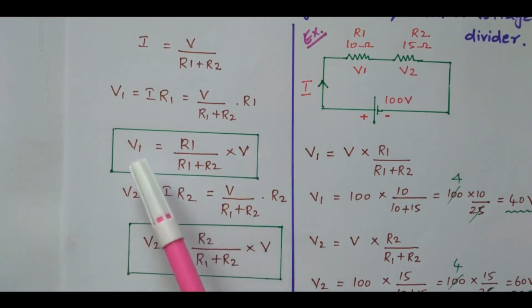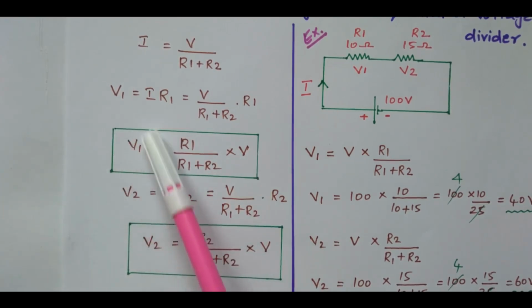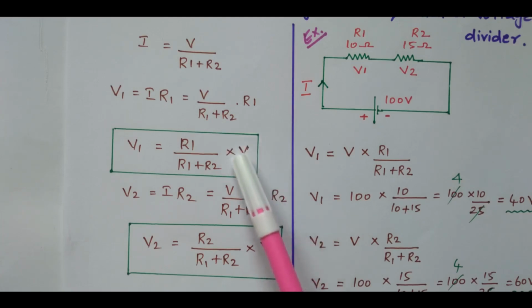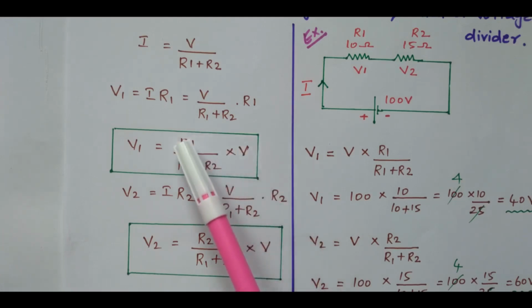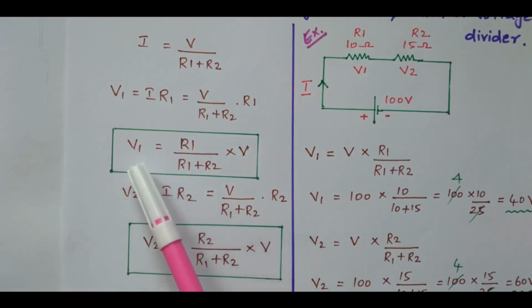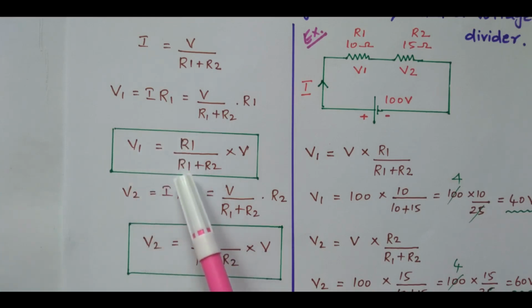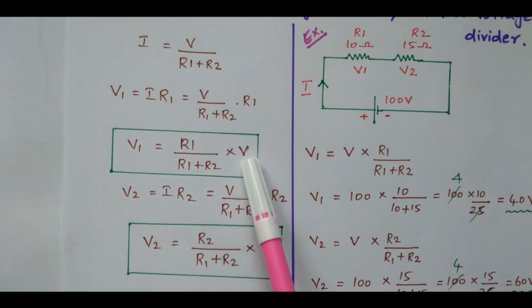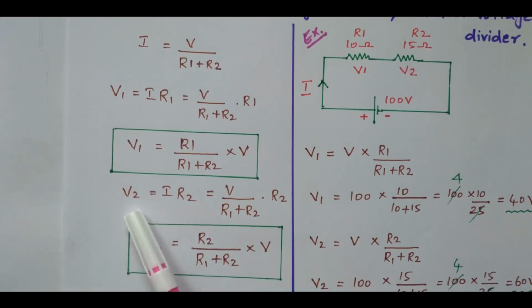So the voltage across resistor R1 equals the total voltage multiplied by R1 divided by the total resistance. That is the general formula. Similarly, V2 equals I into R2, where V2 is the voltage drop across resistor R2.